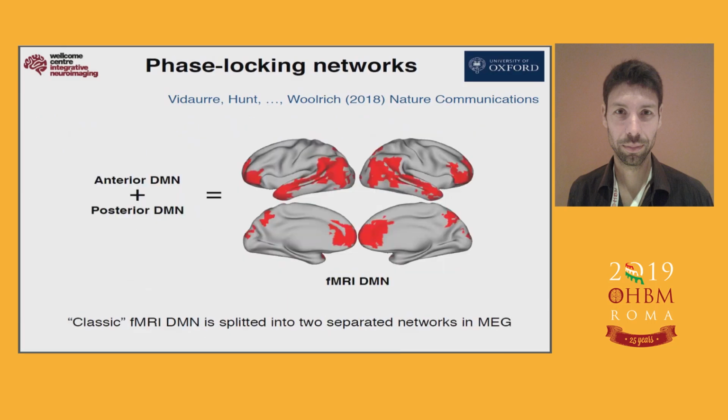You only see the actual DMN as we know it from fMRI if you get the union of these two networks. So it seems like MEG, which is looking at much quicker time scales, is putting out something related, but still a little bit different from what we see from fMRI.